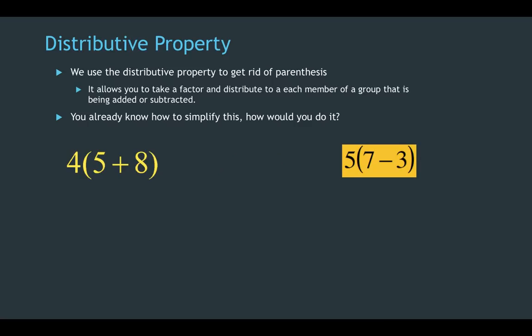Well, the distributive property is what we use to get rid of parentheses. It allows you to take what's outside and distribute it to the inside of the parentheses. You already know how to do this with PEMDAS, order of operations. So think about how you would solve it.